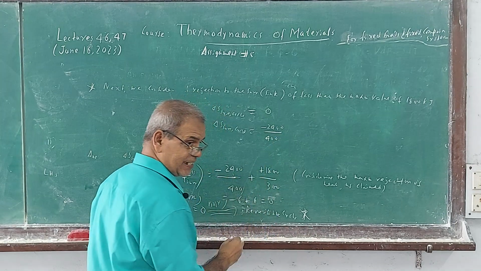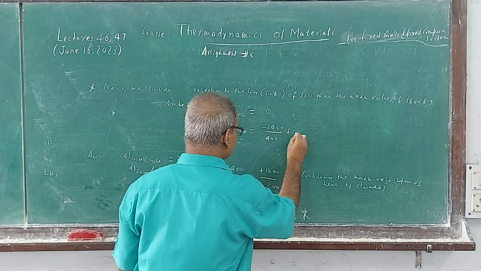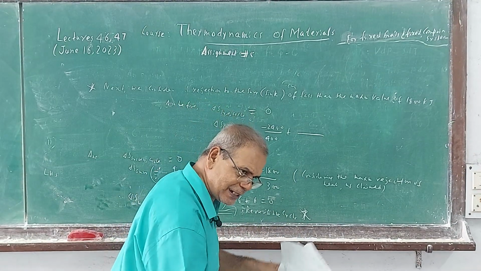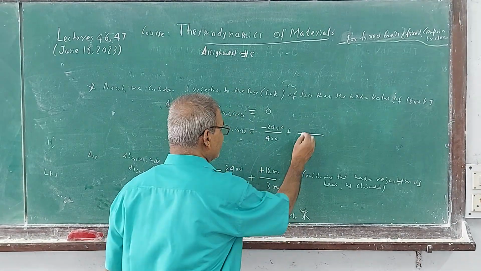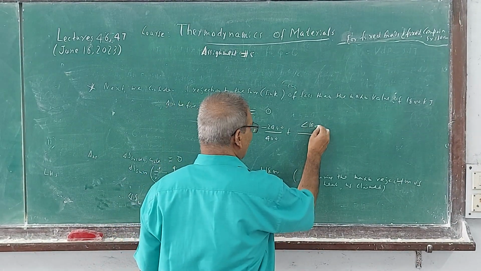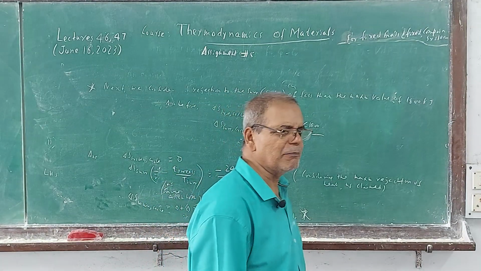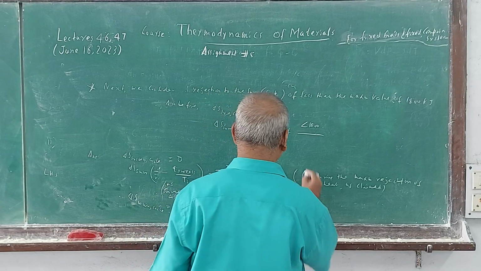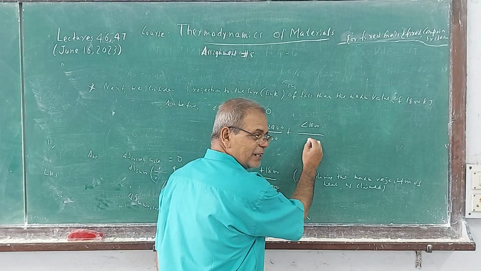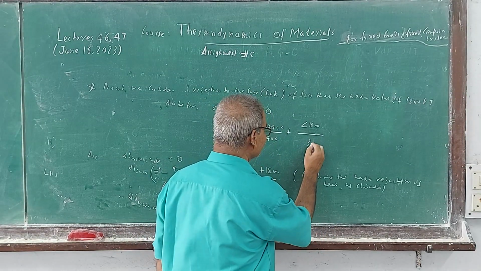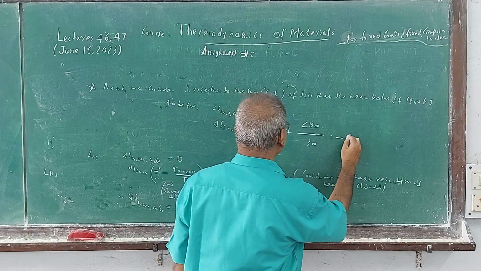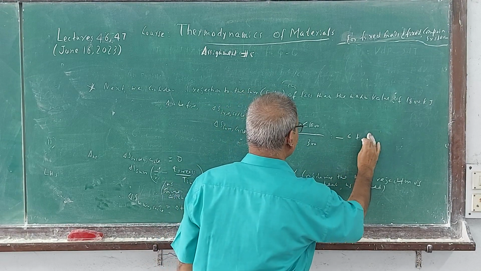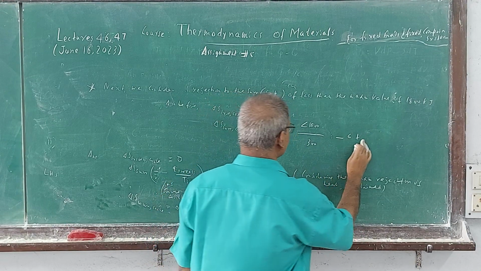This part is unchanged. But what has happened here? Less than maximum means less than 1800; I don't give any number. Divided by the same temperature, only less. It is minus 6 plus less than 6.